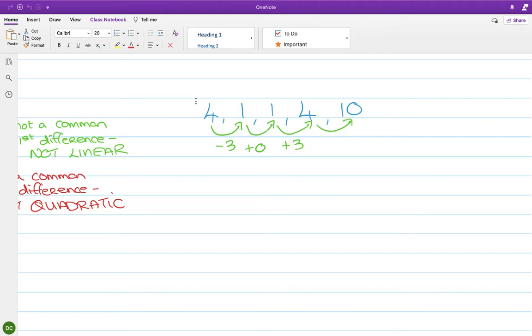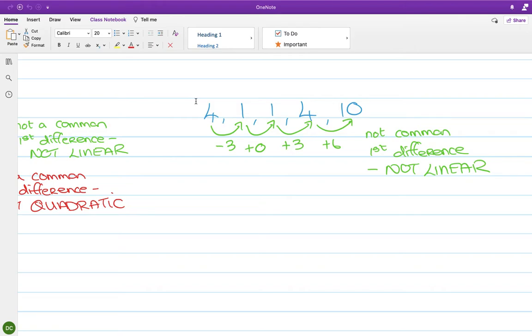And 4 to 10 is plus 6. So not a common first difference. So it's definitely not linear.